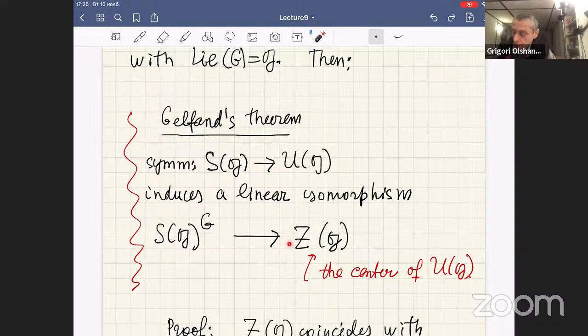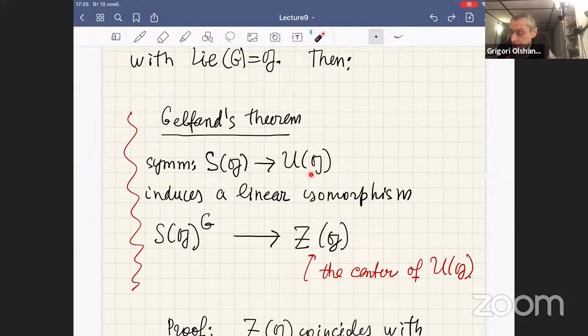So actually, I want to understand the structure to get some information about the center. This is a natural question because the algebra is not commutative. So maybe the first question is, what is its center?